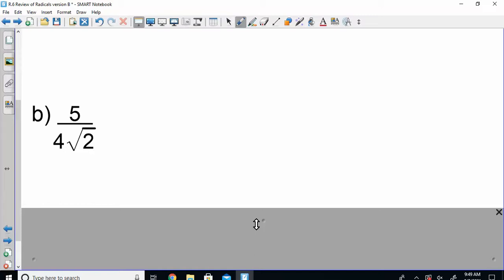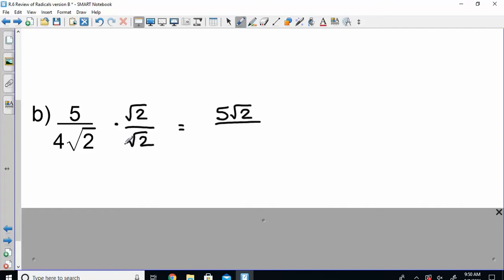If I'm looking at this, the 4 isn't a problem though, just the square root of 2. So all I really need to do is multiply by that square root of 2. So if I do that on the top, 5 times the square root of 2 is just 5 radical 2.